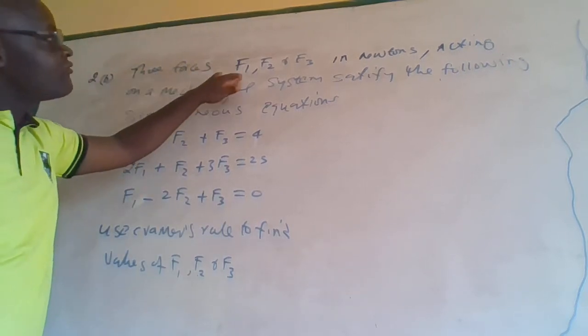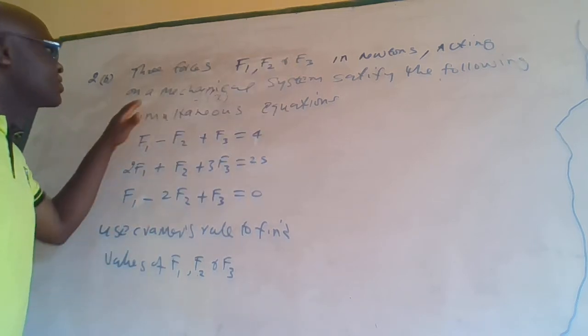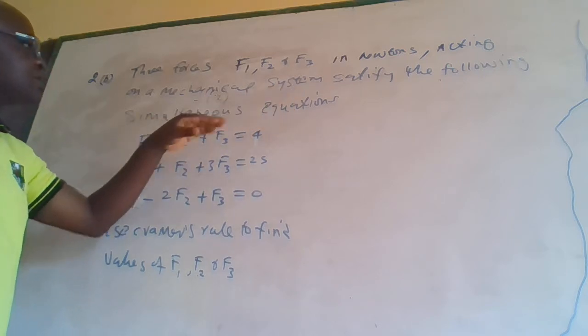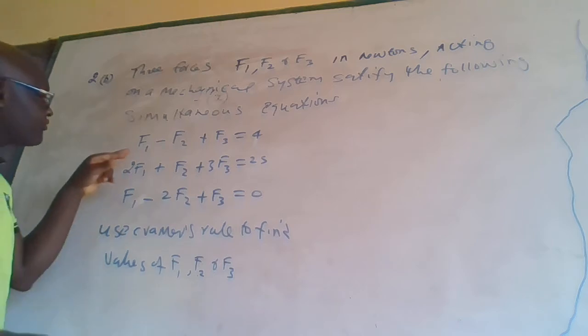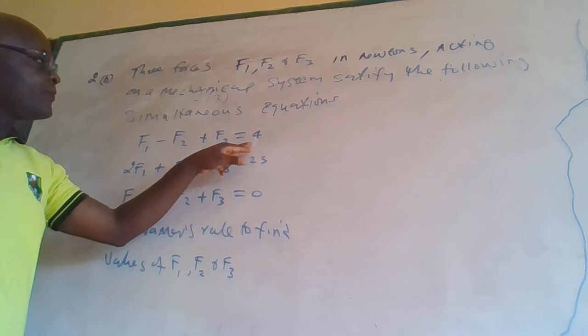Three forces F1, F2, and F3 in newtons acting on a mechanical system satisfy the following simultaneous equations. The equations are here. We have F1 minus F2 plus F3 equals 4.